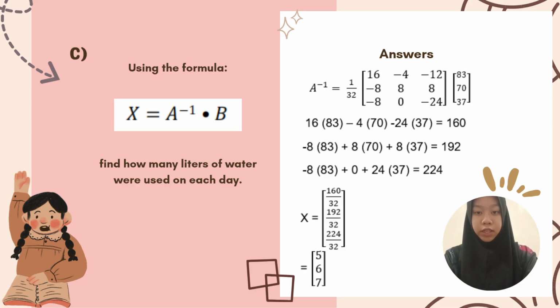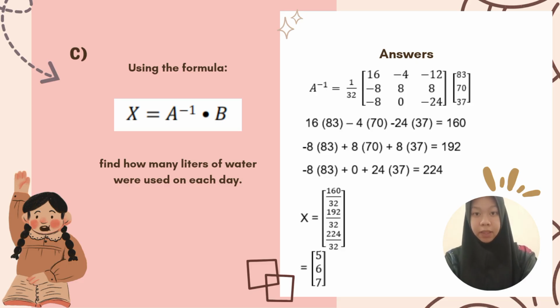For the second row, negative 8 times 83 plus 8 times 70 plus 8 times 37 is equal to 192. For the third row, negative 8 times 83 plus 0 times 70 plus 24 times 37 equal to 224.